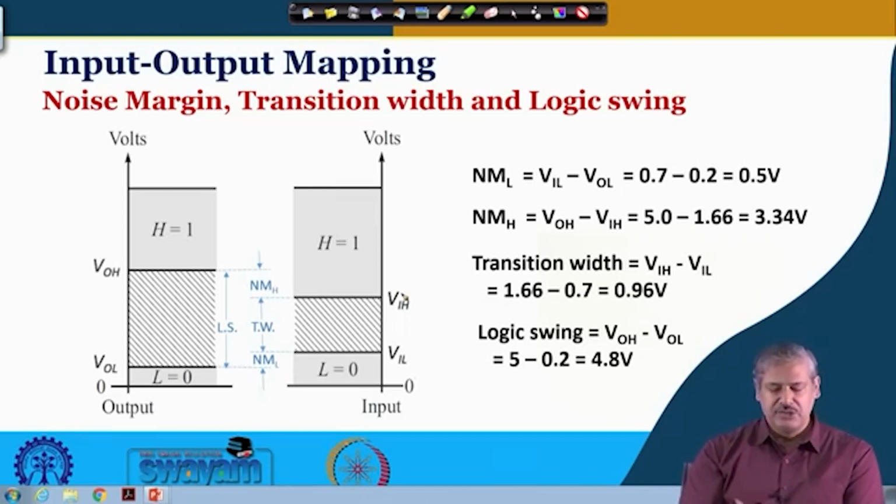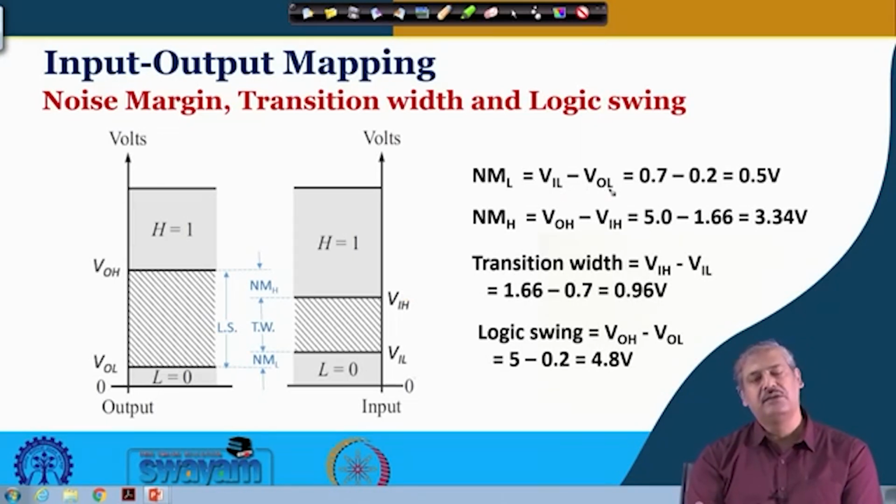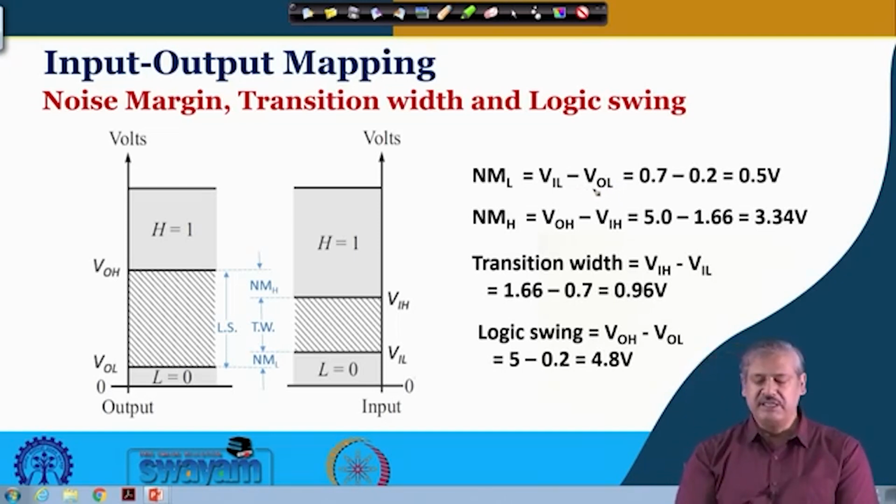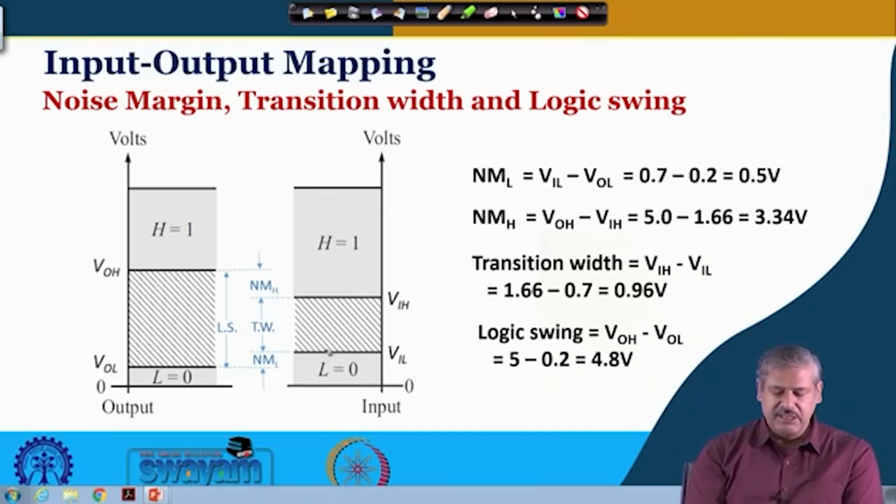After understanding these terms once more, now we define noise margin high and noise margin low, the low one as VIL minus VOL. What is the significance of it? The significance is this, that up to VIL we are treating this as logic low.